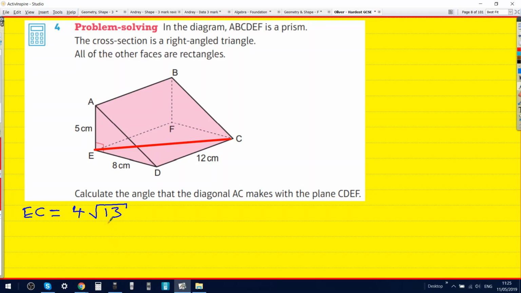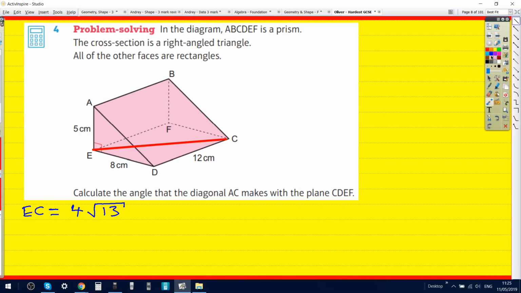And then we have to find the length A to C. Could you just imagine it was a cuboid and then do A to C, or can you work out the A to D and then use Pythagoras to find that diagonal length, or are they the same lines?